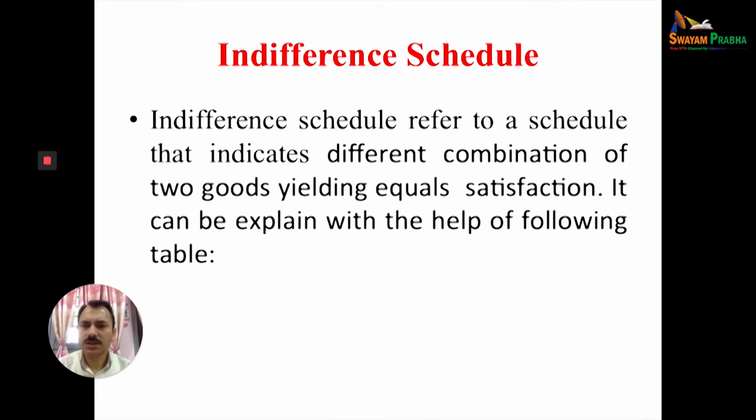Let us discuss this indifference curve through a schedule. An indifference curve schedule refers to a schedule indicating different combinations of two goods which provide equal satisfaction. It is explained with the help of the following table.